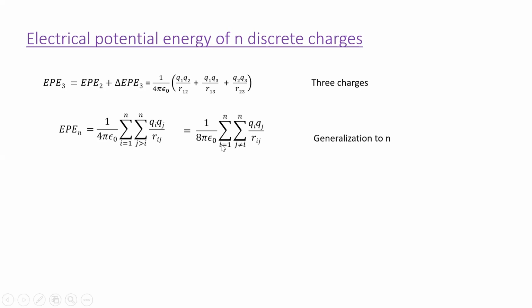And for I equal 1, we would take j equal to 2 and 3, and for I equal 3, we would take j equal to 1 and 2. So basically, we're taking all different combinations of I and j, except where I is equal to j.